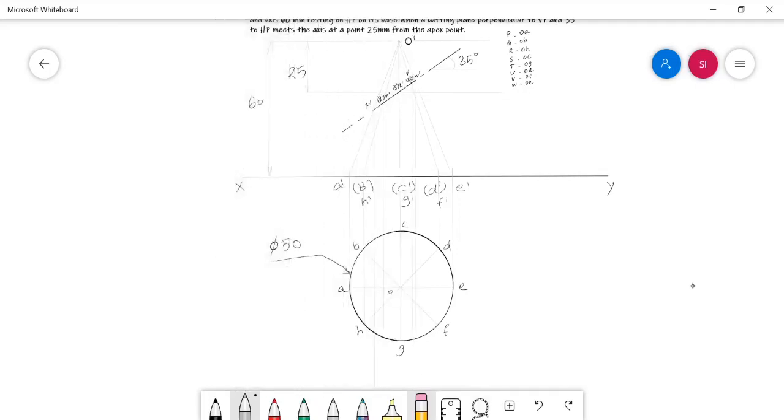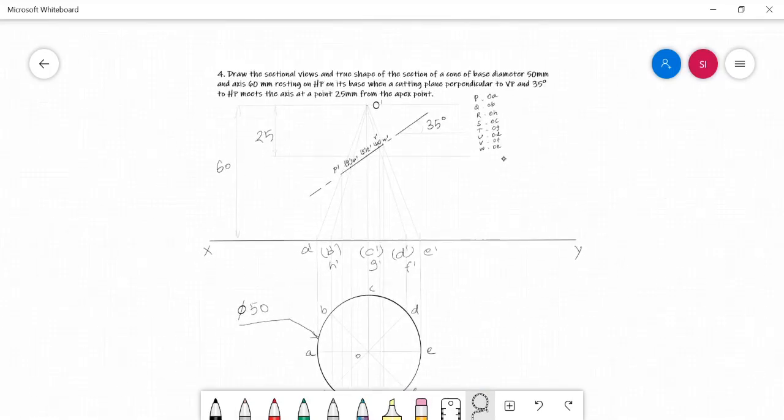Many projectors are passing here, so without any confusion, you have to mark the cut points in the right place by referring to the address of each and every cut point.